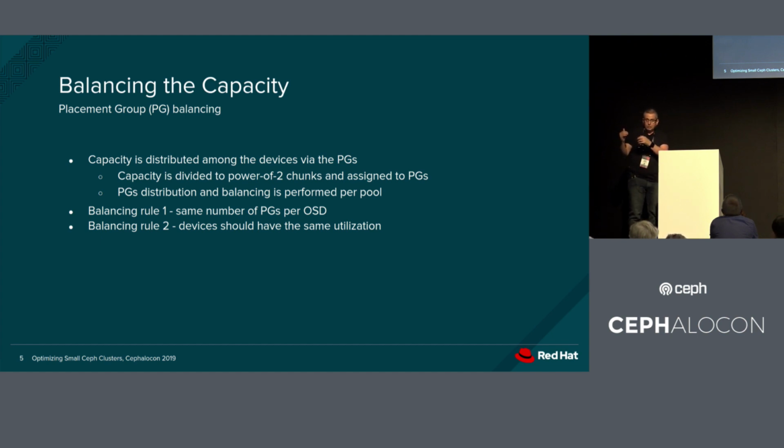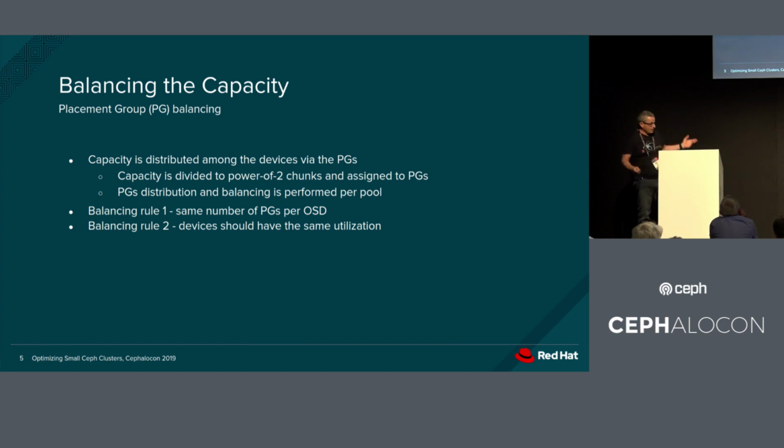We don't want all our devices at 800 giga and one device at 600 giga, and then when the system is only 75% full, we start getting I/O errors because the 600 device can't perform writes. So we want to split everything evenly. Otherwise, we have a lot of operational issues. And this rule usually takes precedence because it's more important that the system works, and that it works very fast.